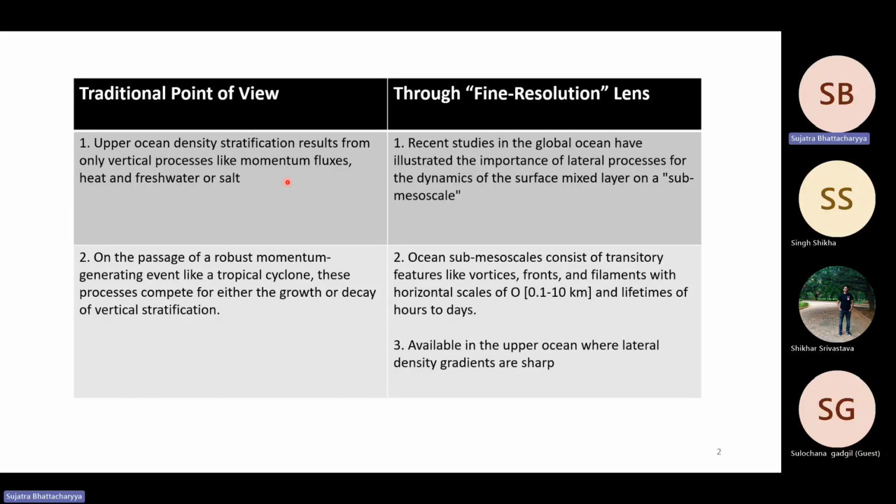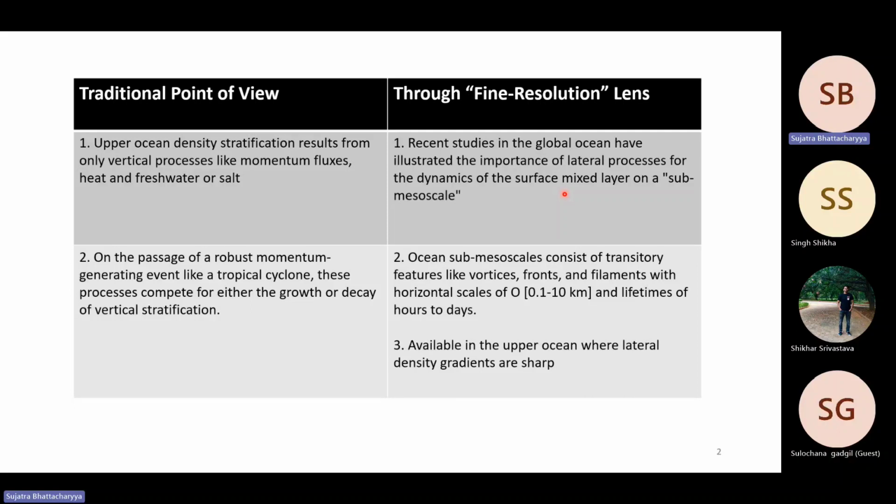Momentum flux, heat, freshwater or salt flux compete with each other to dominate the whole stratification process. But recent studies, with the advancement of model technology, have some findings at finer resolution.